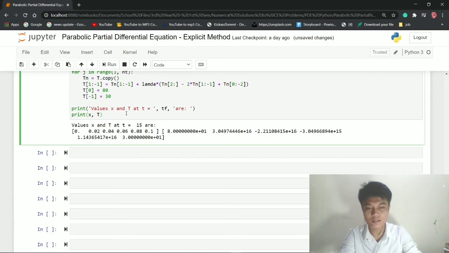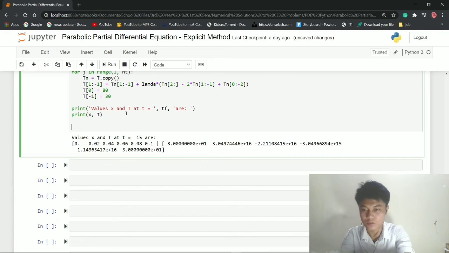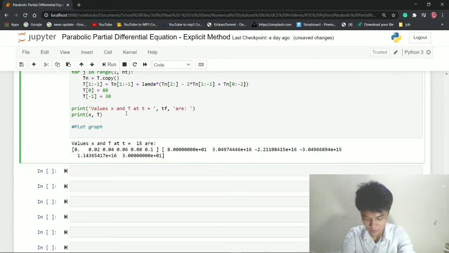Para mas madali tayo ma-interpret ito, yung data na ito, i-plot natin siya. So let's plot our graph. So we have plt.figure, figsize. So define natin yung size ng ating graph.